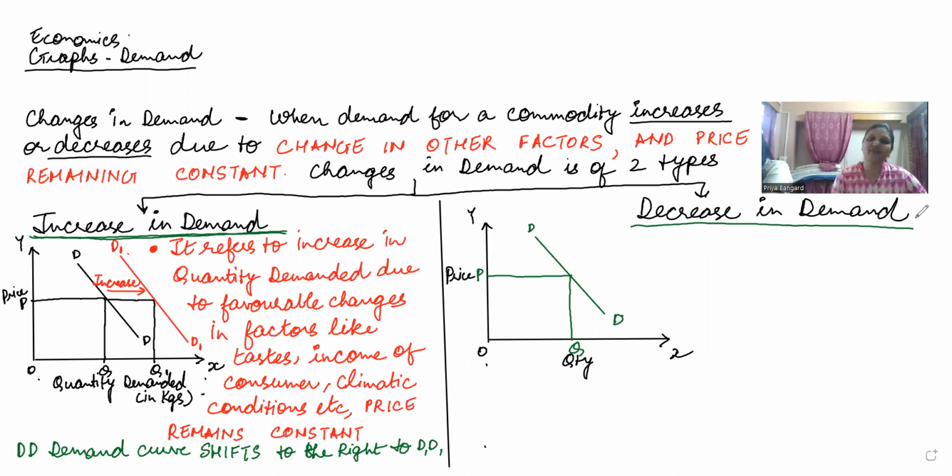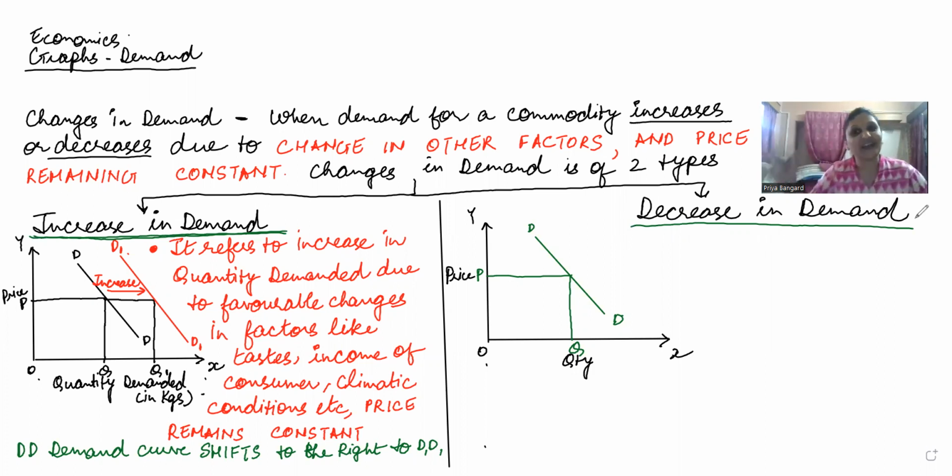So we have an original demand curve DD, but अब price तो same ही है, पर कुछ reason से demand कम हुई है. तो जरा बताना, जब increase in demand is a rightward shift, तो decrease in demand will be a rightward की बजाय कहाँ जाएगा वो? Leftward shift.